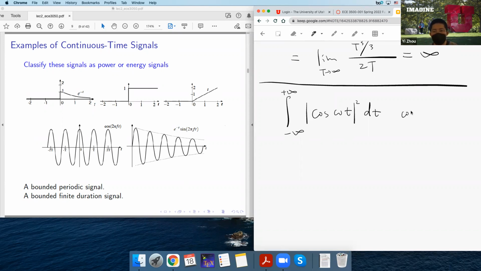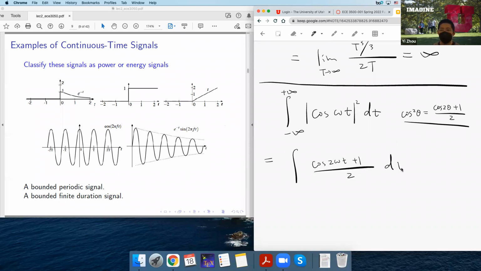And then we have cosine squared theta is (cosine 2 theta plus 1) over 2. You will use this a lot in calculations, so it is good to remember. So you have cosine 2 omega t plus 1 over 2, dt.